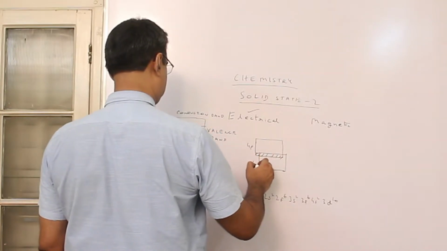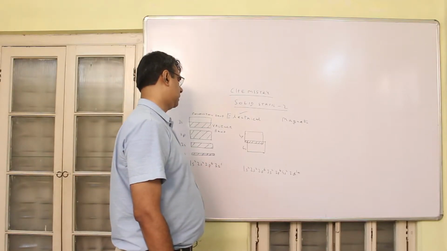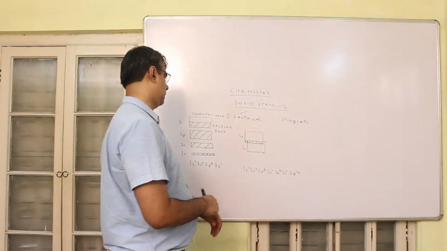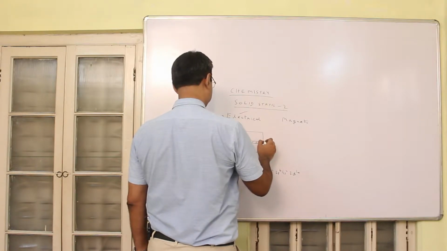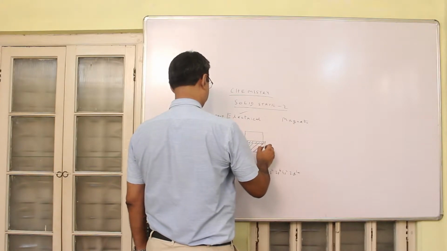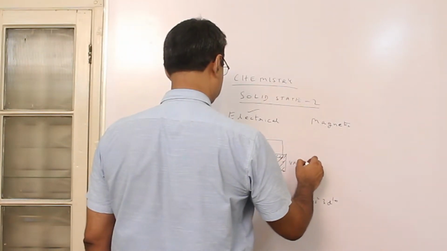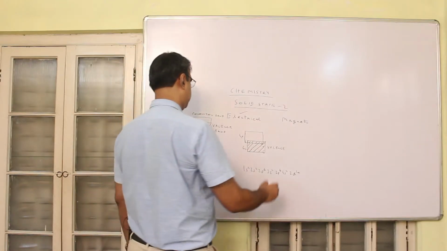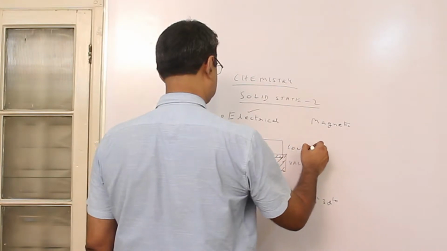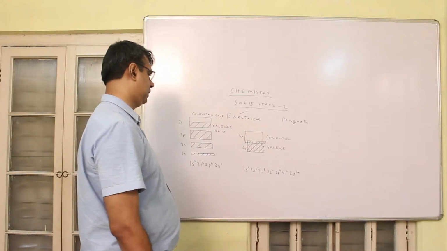You will see that the 4s energy band is fully filled, and this 4s band is the valence band. And the 4p band is completely empty, that is the conduction band. These two bands are found to overlap with each other.